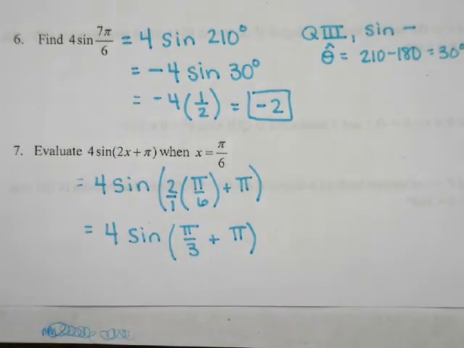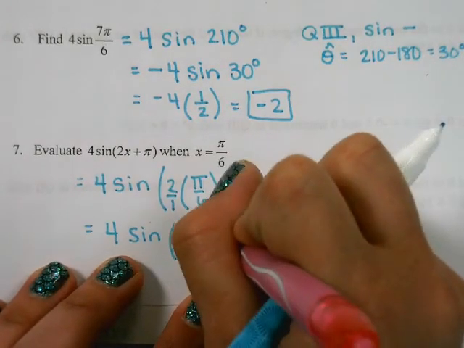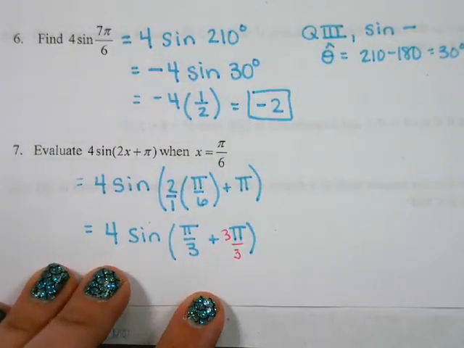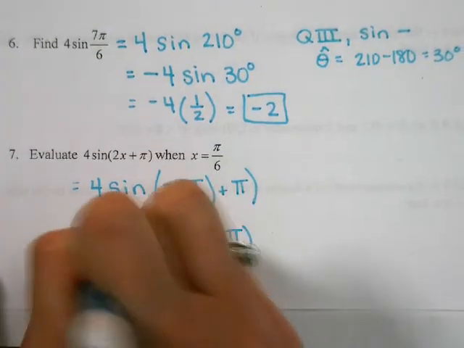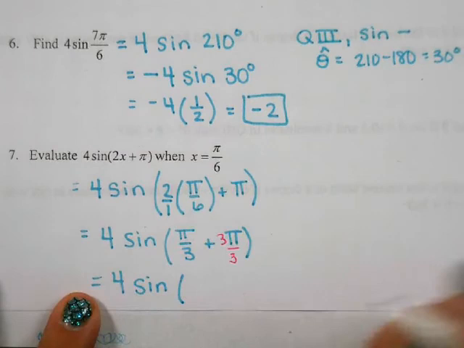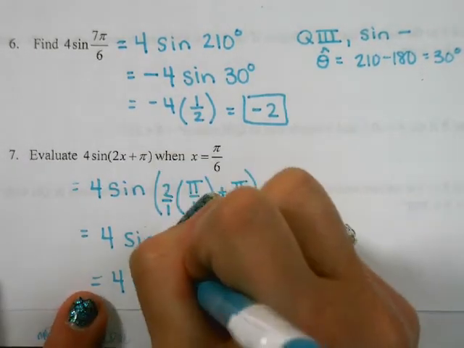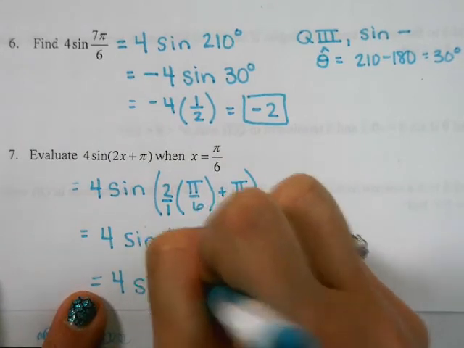To give that pi over 3, right? We need a common denominator. Okay, so if I put a 3 in the bottom, I'll get a 3 in the top. So this is 4 times the sine of pi over 3 plus 3 pi over 3, which is 4 pi over 3.